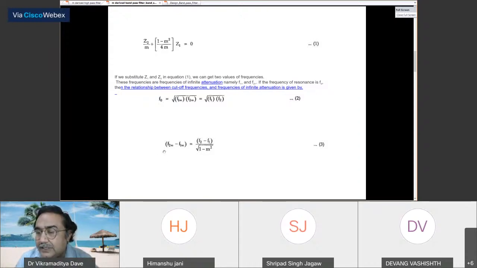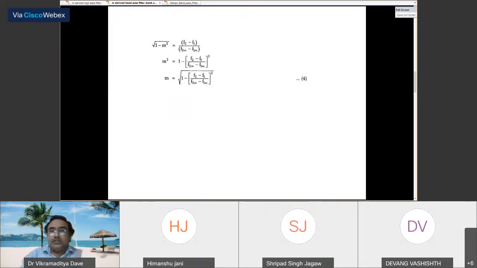Regarding the band reject filter and band pass filter, there is a slight modification in equation number 3. You have to take that slight change into consideration, otherwise things remain the same. Once you give the values of f2, f1, the two infinite attenuation frequencies and the two cutoff frequencies, you can easily find m.